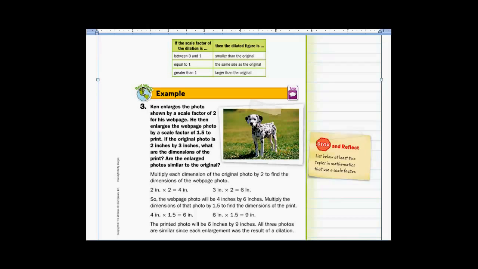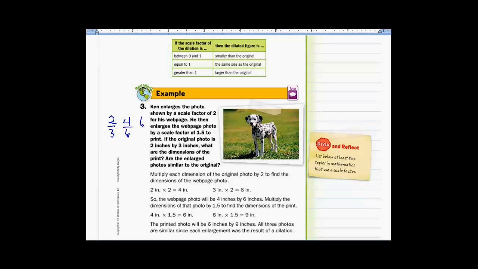So are all three photos similar? Yes, because you don't even have to do the proportions. Because you did the same thing every time, in fact, they are. You can check it if you wish. If you want to check it using the ratios, the first one was a 2 by 3. The web page photo ended up as a 4 by 6.